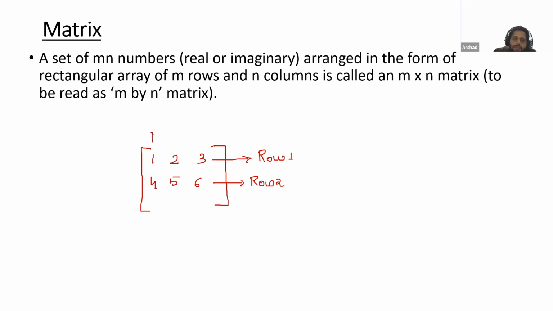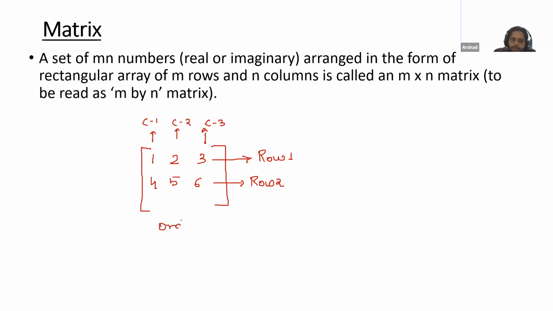Similarly, this is column 1, this is column 2, and this is column 3. The vertical line of elements constitutes the columns, and the horizontal line of elements constitutes the rows. So what happened in matrix? In matrix, we arrange the numbers in rows and columns form. So these are 2 rows and these are 3 columns.